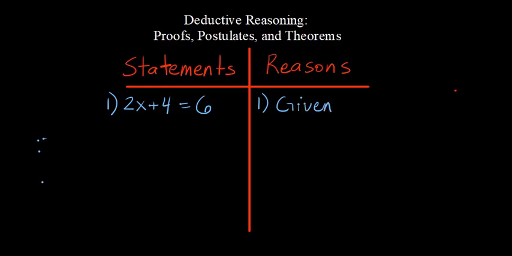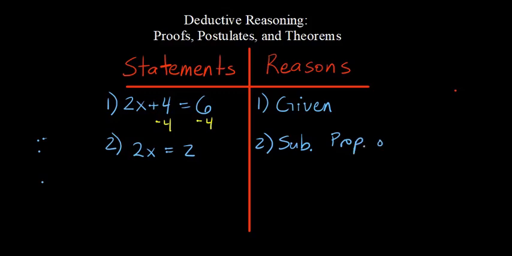My next step says, well, if 2x plus 4 equals 6, then, using some algebraic properties of equality, I can subtract 4 from both sides. This means that 2x equals 2. So if 2x plus 4 equals 6, then 2x equals 2. The reason for this is my subtraction property of equality.